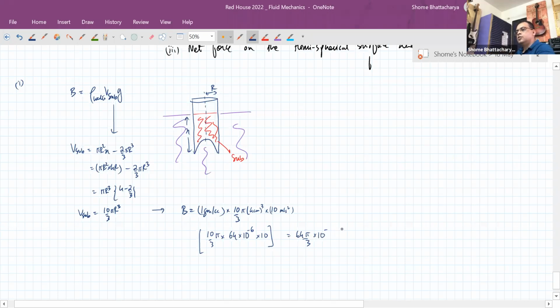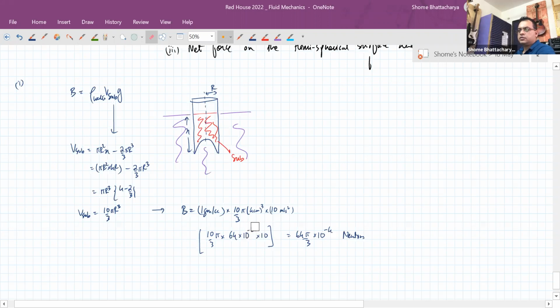Yes, so if you convert the radius into meters, then the density will also become 10 raised to 3. You can always do that. Oh, sorry, there's also a factor of 10 raised to minus 3, because the mass that I've got is in grams.